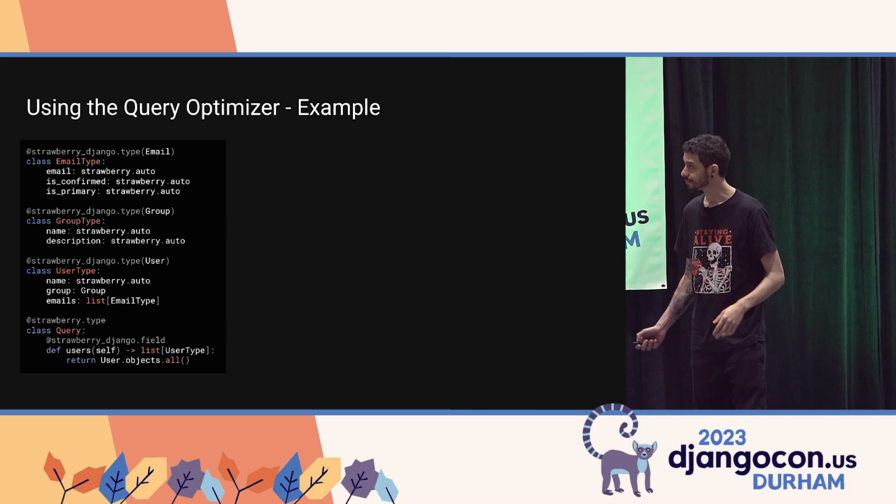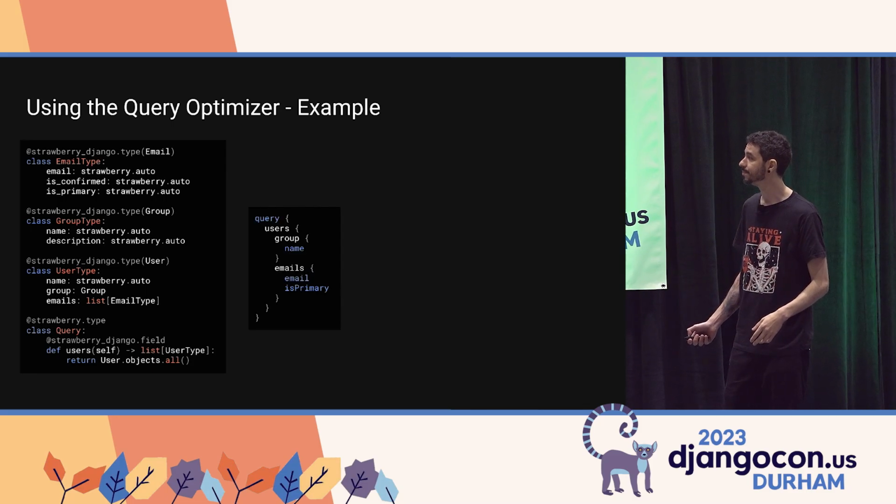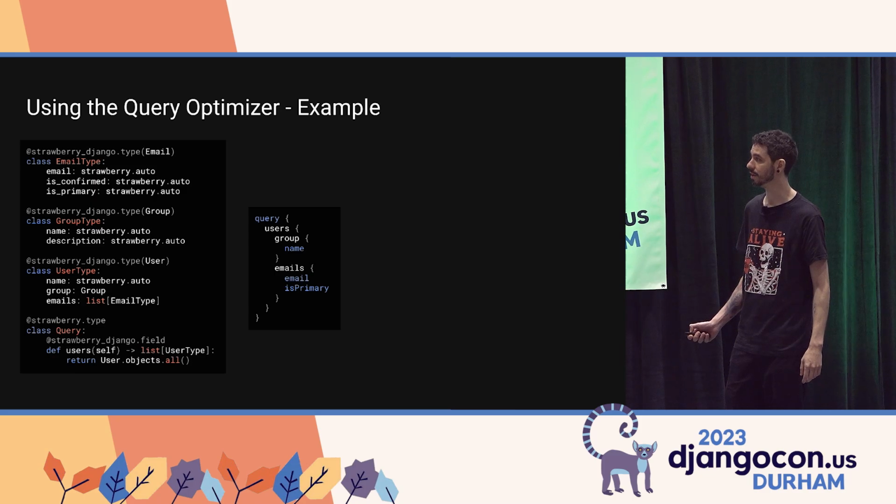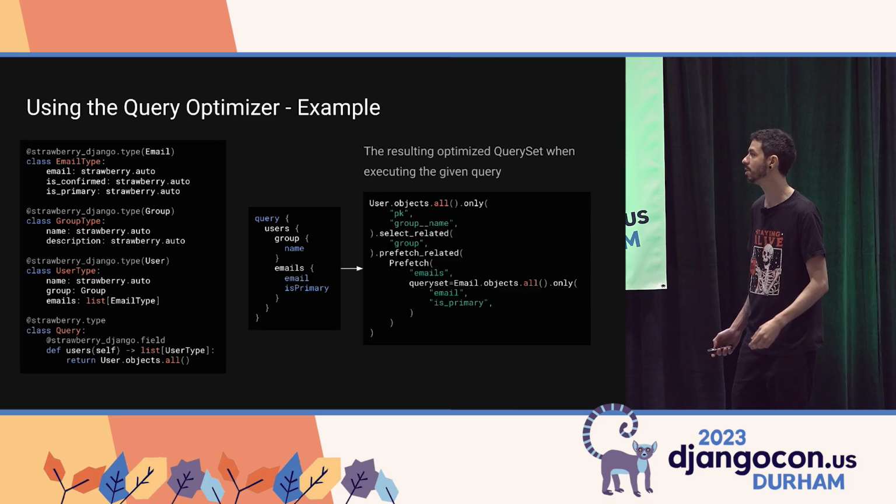For example, in this case, if we have this schema and we are querying it like this, so we are asking for a list of users, getting the group name, which is a foreign key from the user type, and a list of emails, and asking it to retrieve only the email and if it is the primary email or not.